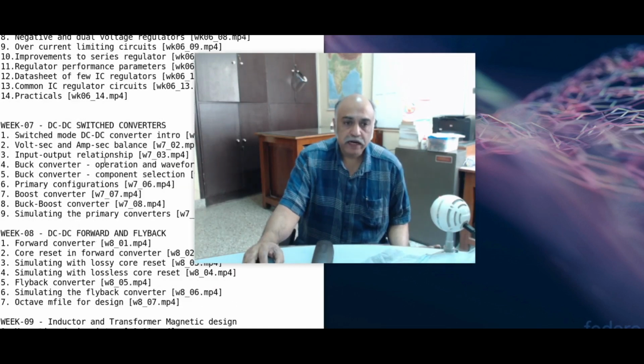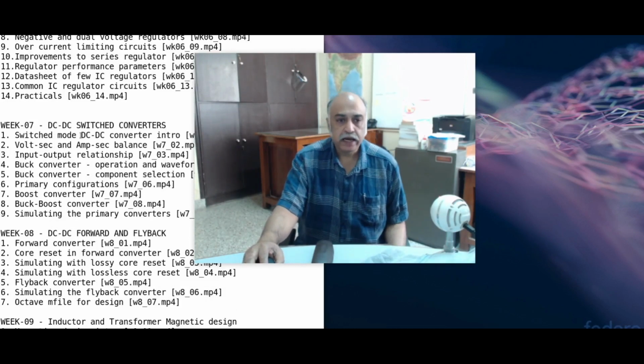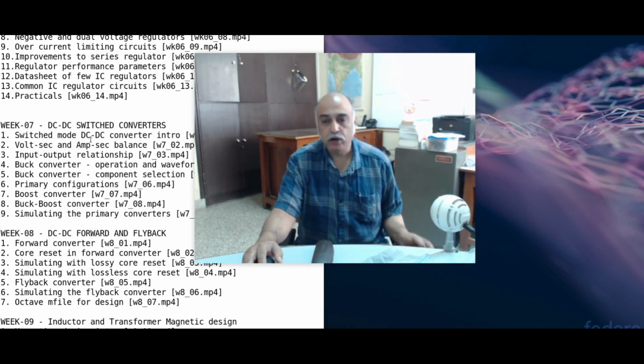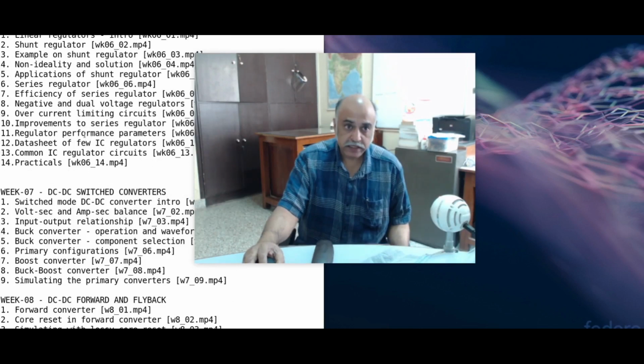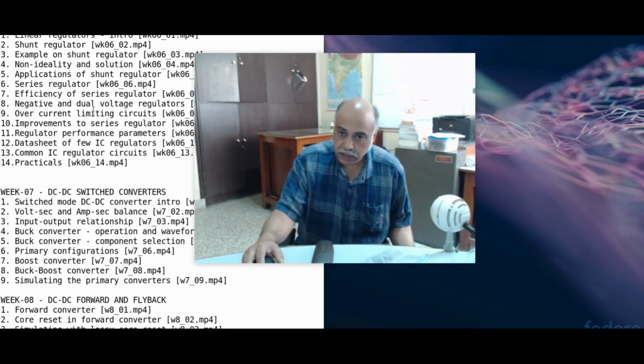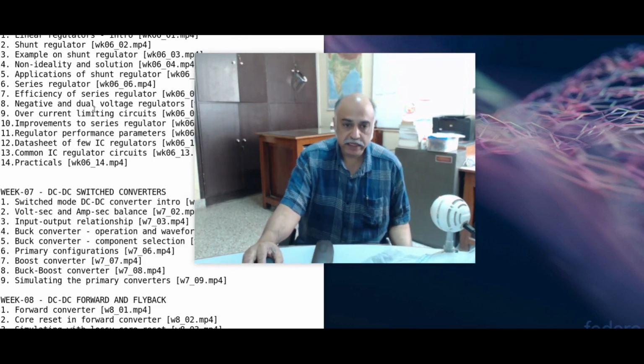Then followed by that will be the DC-DC converters, switched mode converters, and they will need the power electronic semiconductor switches and devices, which will be operated in the on-off regions only. Whereas in the case of the linear circuits, the power semiconductor devices are operated in the linear region.